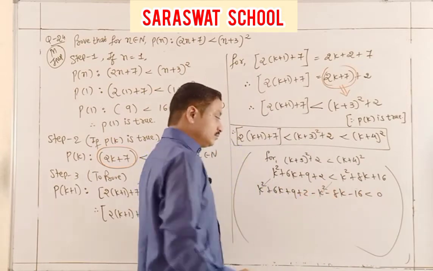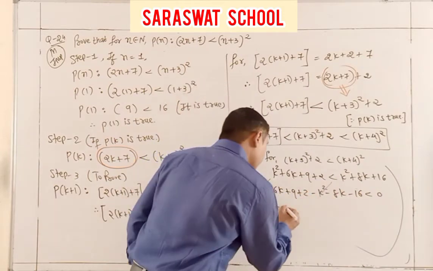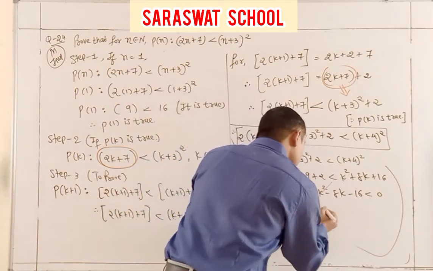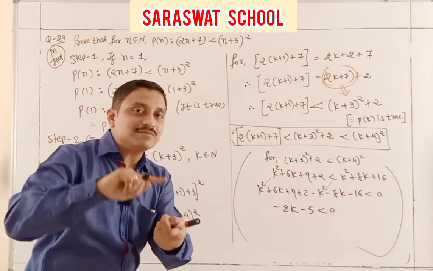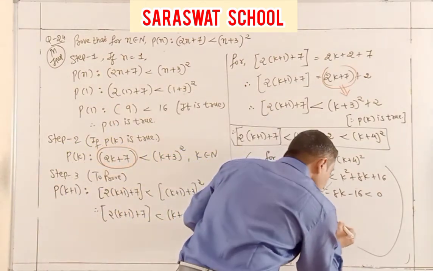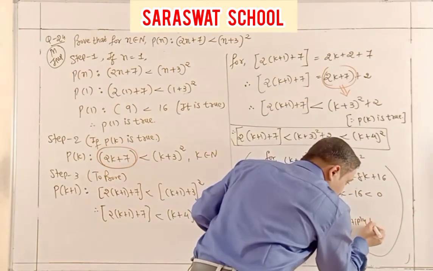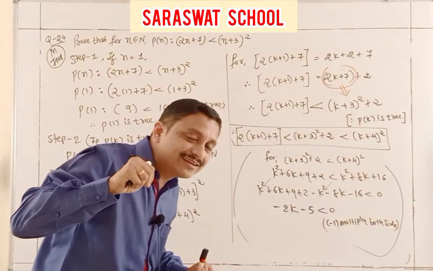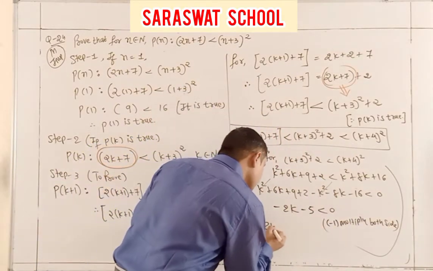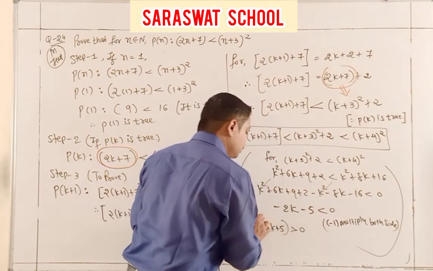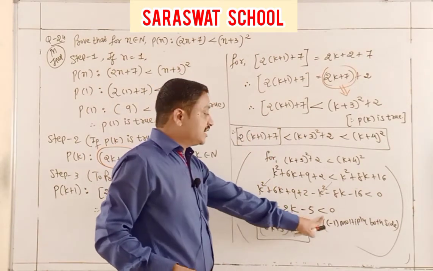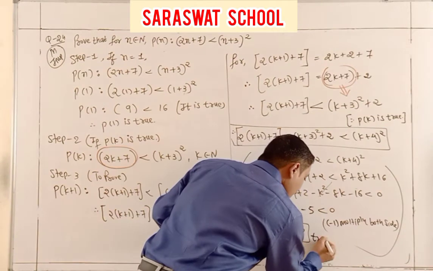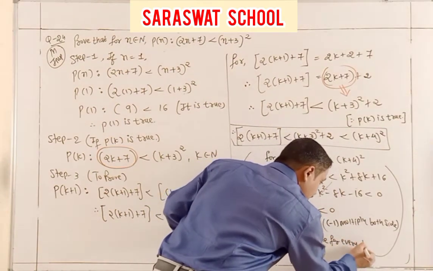Cancelling, 6k minus 8k is minus 2k, 9 plus 2 is 11, 11 minus 16 is minus 5. Now students, multiply both sides by minus. You know the rule: when multiplying by minus on both sides, the inequality changes. So 2k plus 5 is greater than 0. Here the minus signs change, less than becomes greater than, and 0 times minus is 0. This is true for every k belonging to natural numbers.